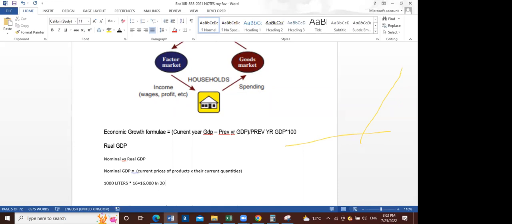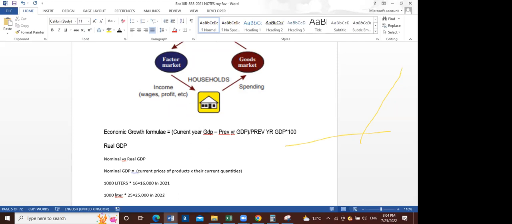And in 2022, for the same 1,000 liters, the price now has changed. Let's just choose 25 Rand per liter. It means that the value of fuel in 2022 has increased to 25,000, but the same 1,000 liters has been produced.